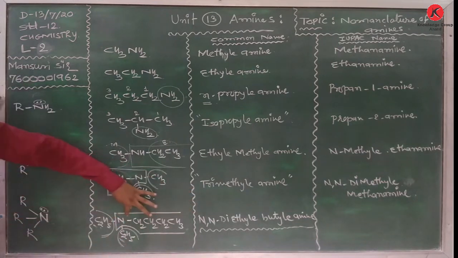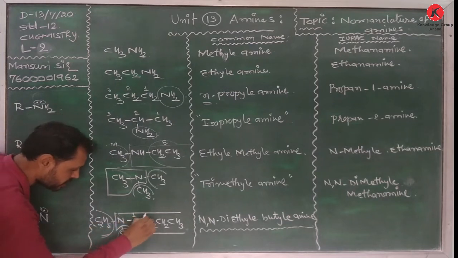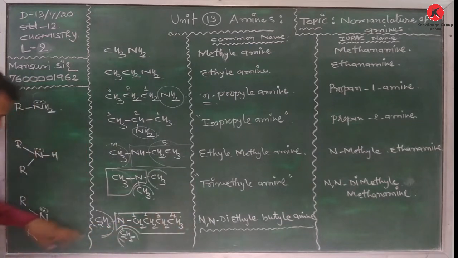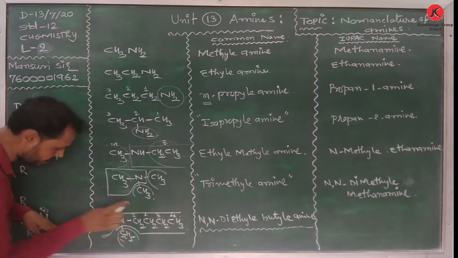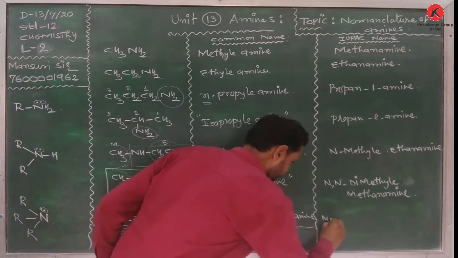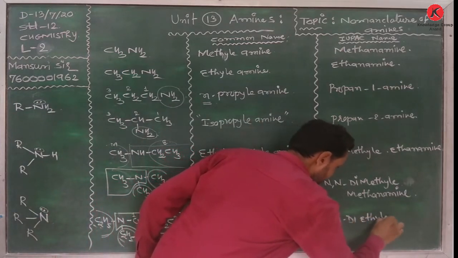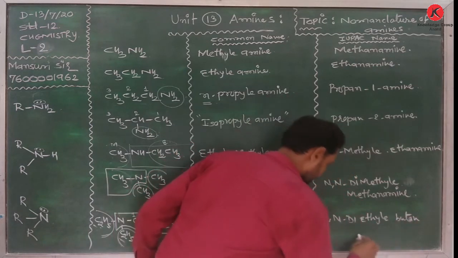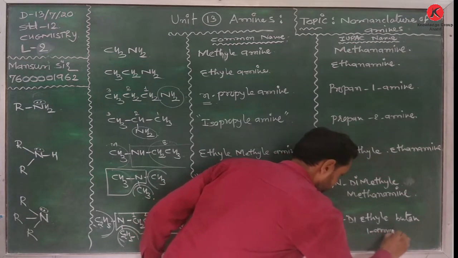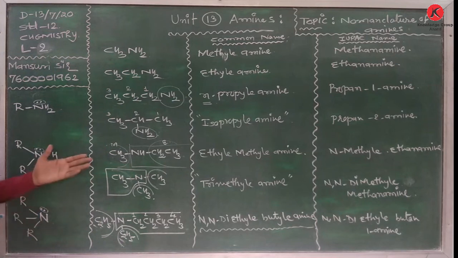N,N-diethyl butane-1-amine, because nitrogen is on the first carbon, right? So we can say N,N-diethyl butane-1-amine. These are the structures as well as the common names and IUPAC names.